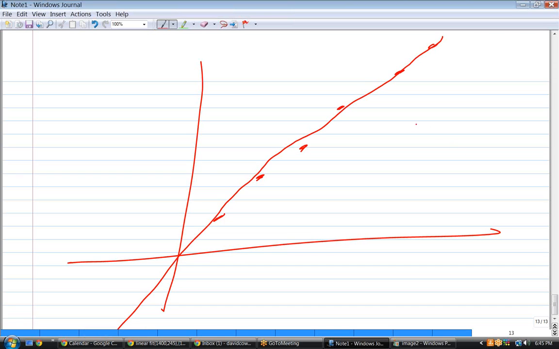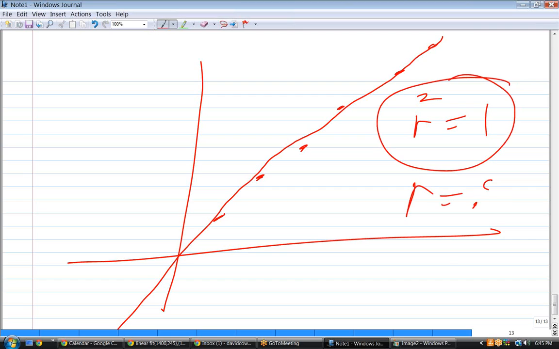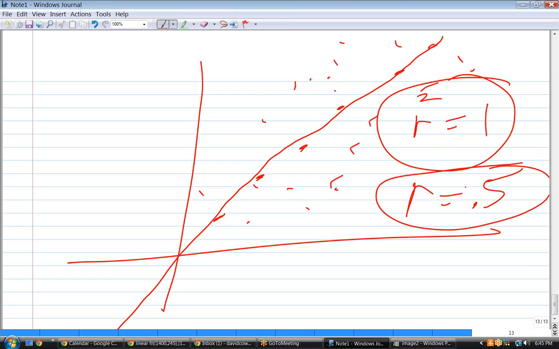Mm-hmm. That would have an R squared value of very close to 1. In other words, that's the best fit, is 1. A bad fit might have 0.5. In other words, if my dots were very far away from that line, that's not the greatest linear fit. And that is measured by this R value.